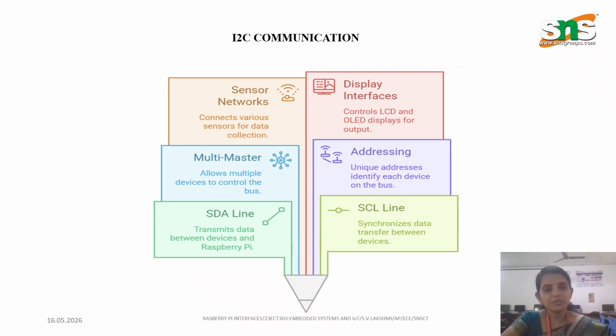The main applications are temperature sensors, OLED displays, RTC modules, EEPROM memory, etc. The main advantage is that only two wires are required and it supports multiple devices. The limitation is that it is slower than SPI.